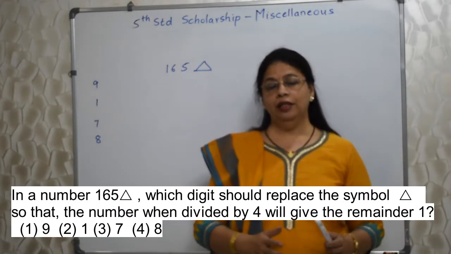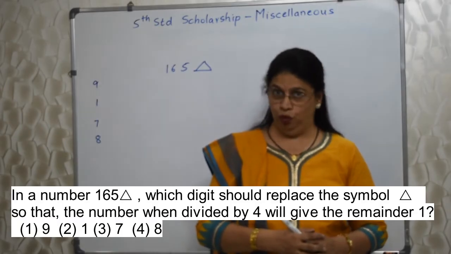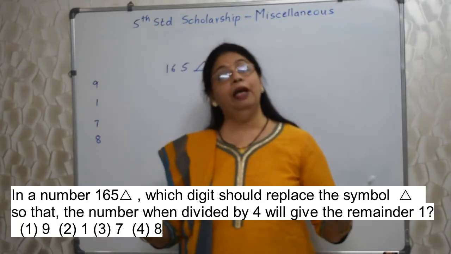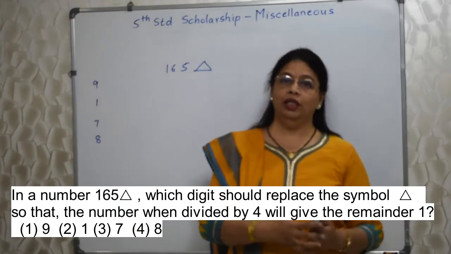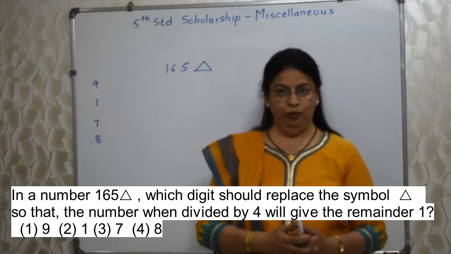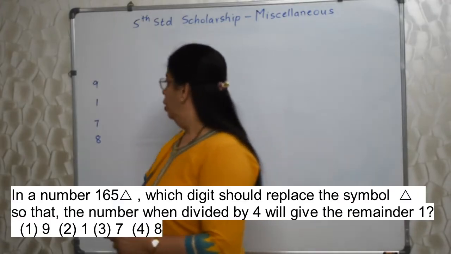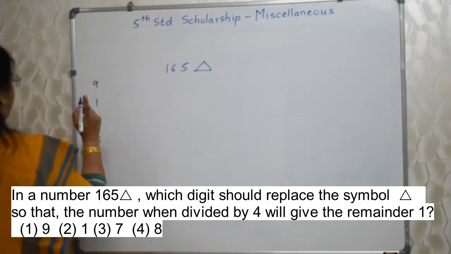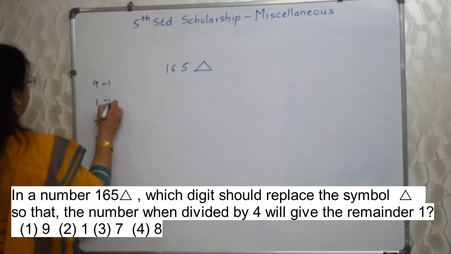Here the main thing is you have to apply the divisibility of 4, right? What is the divisibility of 4? The last 2 digits should be divisible by 4, then the entire number is divisible by 4, right? You all know that. Okay, so that one extra I am removing from all the options.